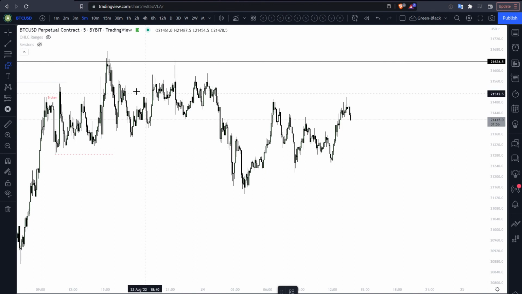But what happened here? We came down, we formed a low. We came up, we formed a high, then a higher low, then a higher high, breaking this high. Then we established a lower low, breaking this low.